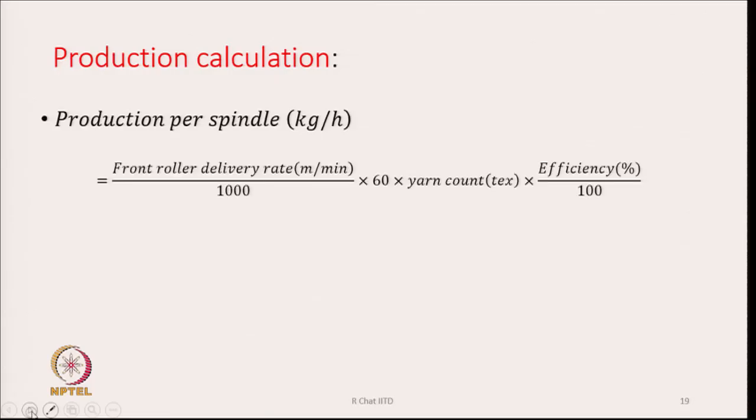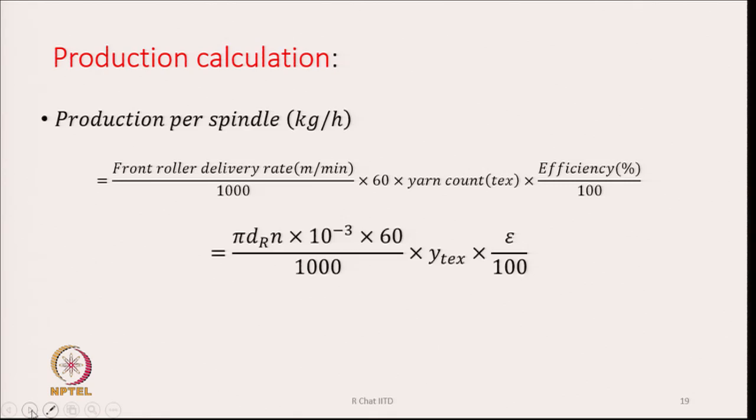Now, we will see the production calculations. Production per spindle in kg per hour. So, production always means we need to know the front roller delivery, the time unit, the count unit, the yarn count, and the efficiency.